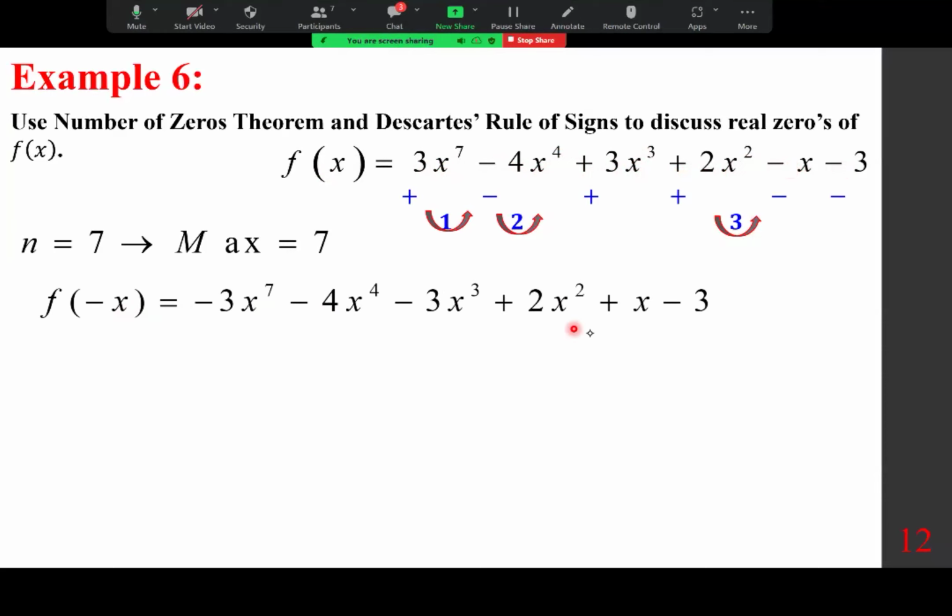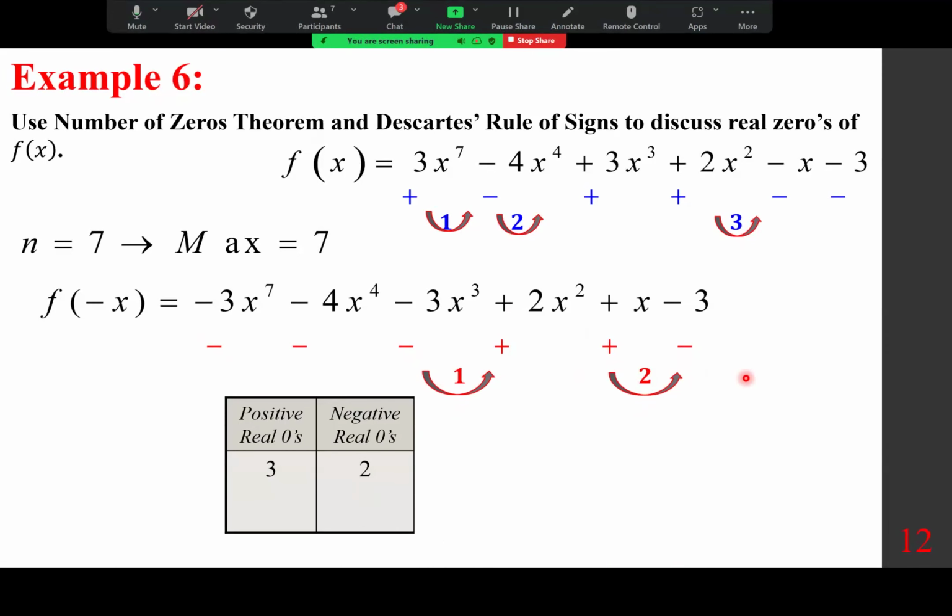So f of minus x is what you see here. Let's just write the signs: negative, negative, negative. Now from here to here, there is one change. Positive, positive, no change. Positive, negative, one change, one more change. So we have one change here, the second one here, and therefore there are 2 possibilities for negative zeros.